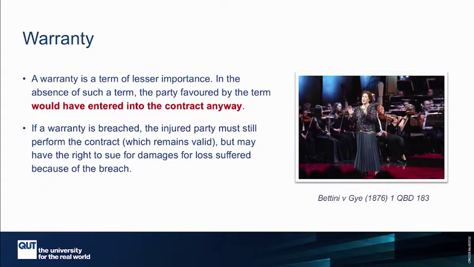In contrast, a warranty is a term that you would have entered into the contract even without this warranty. If you breach a warranty, the injured party must still perform. So you can't get out of the contract if the other party breaches it. Okay? That's why it's so important to understand. Your remedy changes depending on whether it's a condition or a warranty.